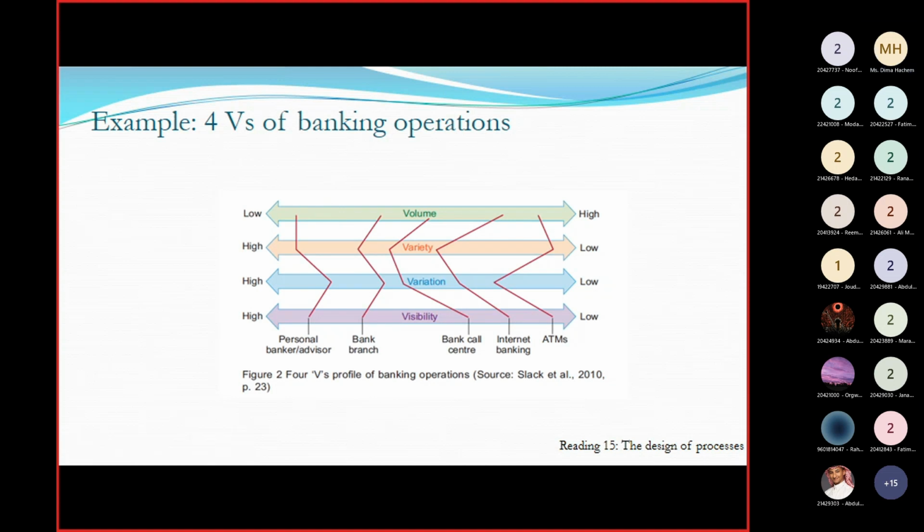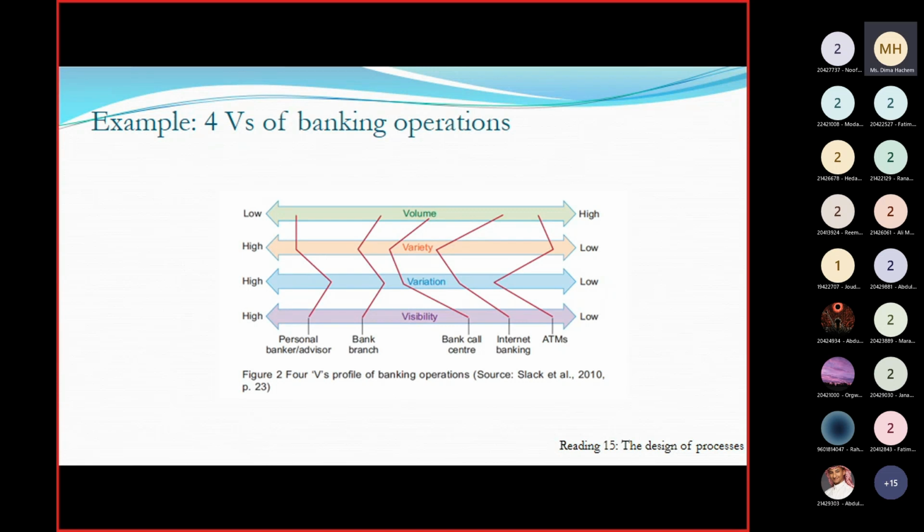Very few. Very few people would have a personal banker, but almost everyone would withdraw money from the ATM. This is why there is a difference here between the volume. Here we have a high volume for the ATM, and here we have a very low volume for the personal banker.